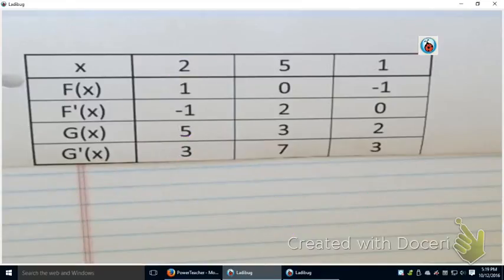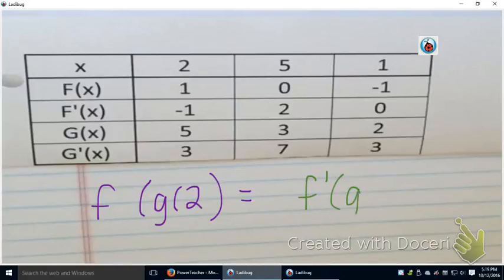One last one. I also could write the f prime of g of x a different way, like find f prime of g of 2. I would write it like that, and it might just tell you to find the derivative without having the h there, so we know that it's f prime of g of 2 times g prime of 2.